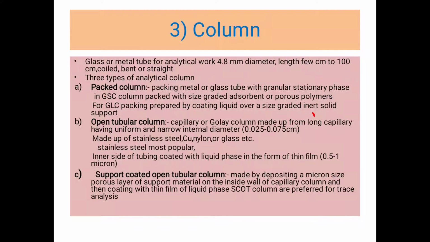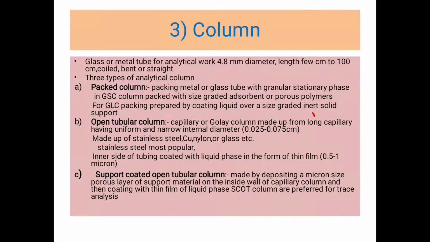Then in the open tubular column, the capillary or Golay column is used, which is made from a long capillary having a uniform and narrow internal diameter. The diameter ranges from 0.025 to 0.075 centimeter, and these columns are made of stainless steel, copper, nylon or glass.